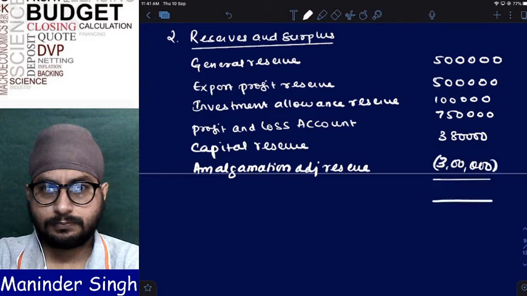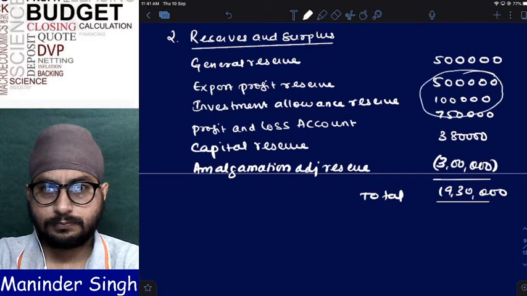Tell me how much should be the total? 19 lakhs 30,000.